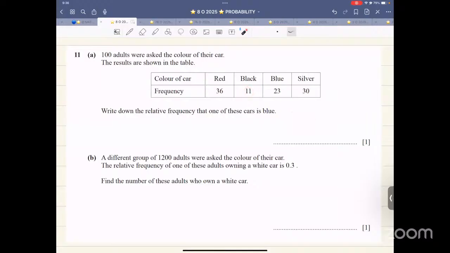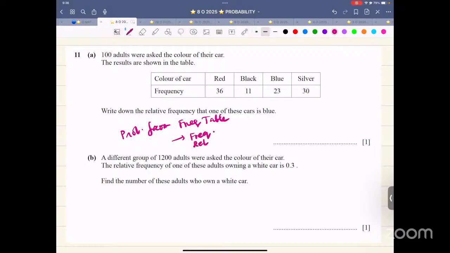So this is just like a fraction. This is a probability from a frequency table. So probability from frequency table, I call it, or the examiner calls it, frequency, relative frequency. That's all about it and nothing more.